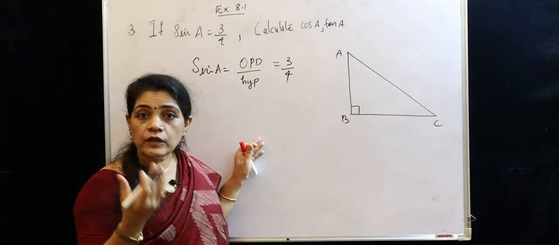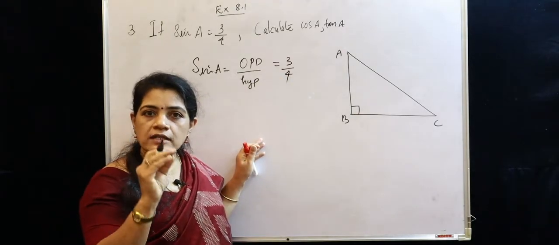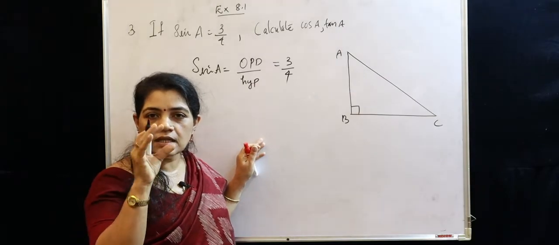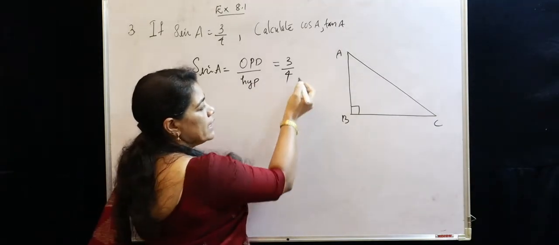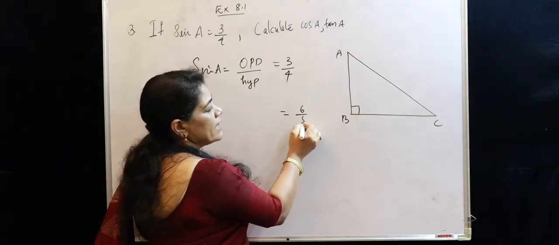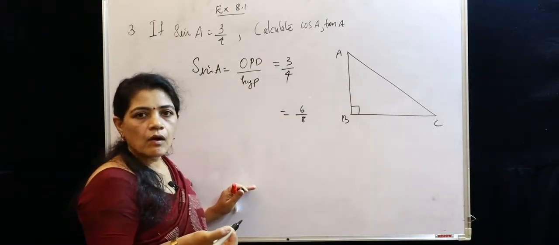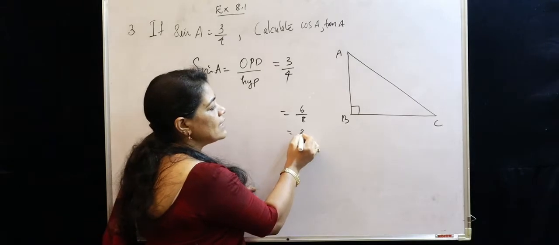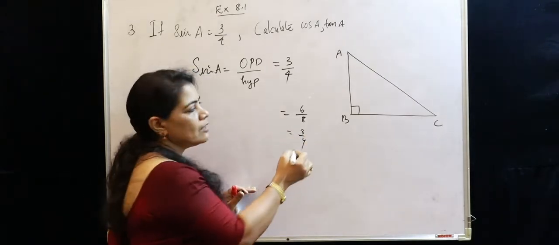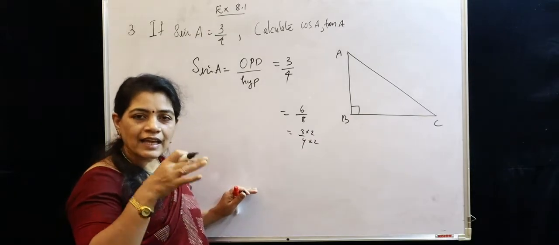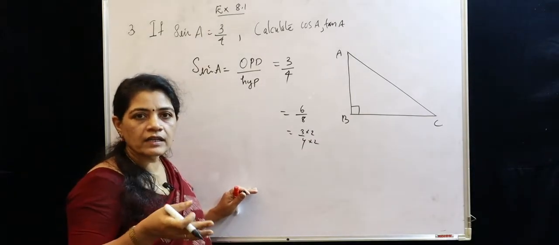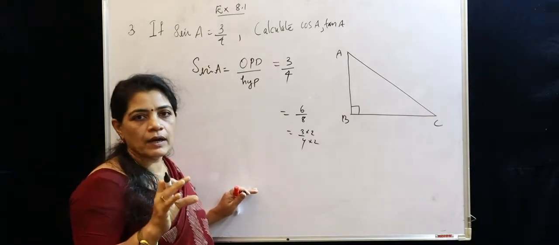Since we know that a fraction should always be expressed in its least form, 6 by 8 can be reduced by cancelling the common factors 2 into 2, and the least form is 3 by 4.